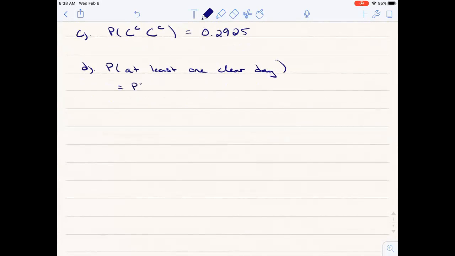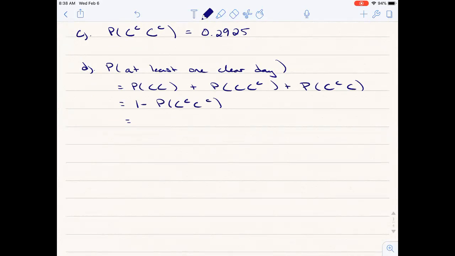So that's going to be the probability of CC plus the probability of C, not C, plus the probability of not C, C. Which is also, if you wanted to, 1 minus the probability of not C, not C. In the end, you'll find that they both equal 1 minus 0.2925, which is 0.7075.